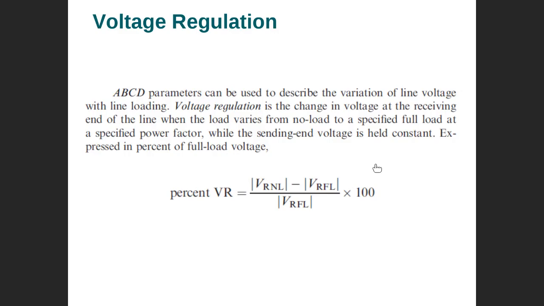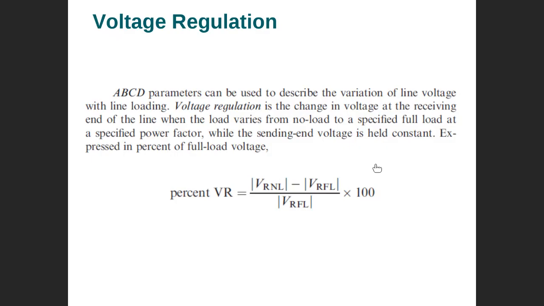What do they do? Say they want to add a shopping center or an industry there. They need to calculate the voltage, so they assume this is a full load, the shopping center, and they see what the variation of the voltage is. If the variation is high, then they need to support the bus by compensation, by another transmission line, or by not giving the load.